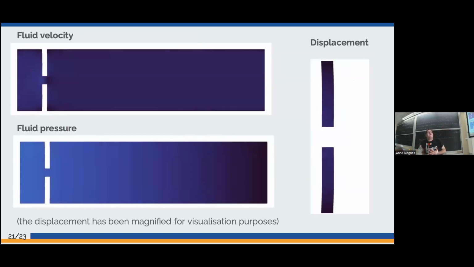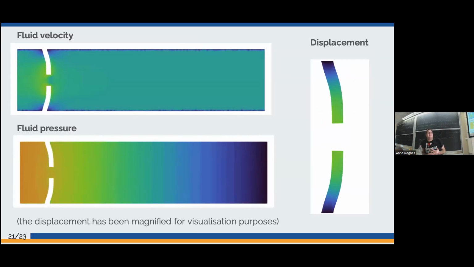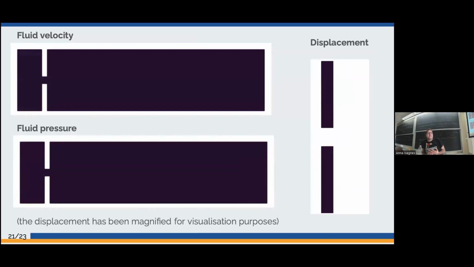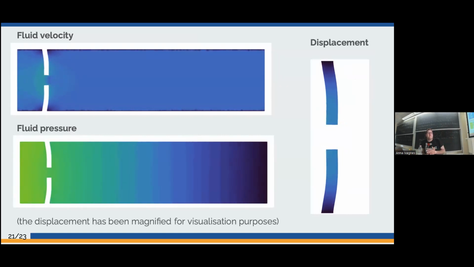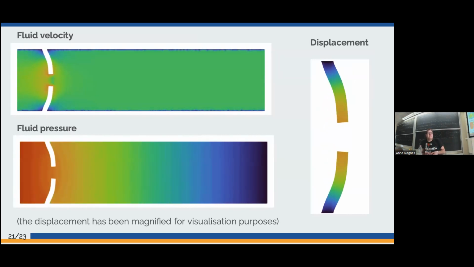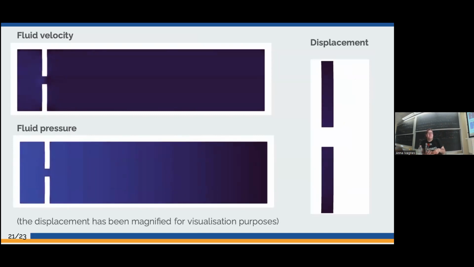Exactly, because they come from the POD modes, they are already present in some way in the a priori modes.